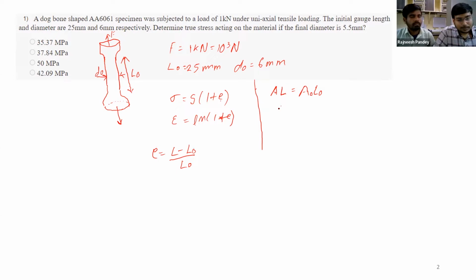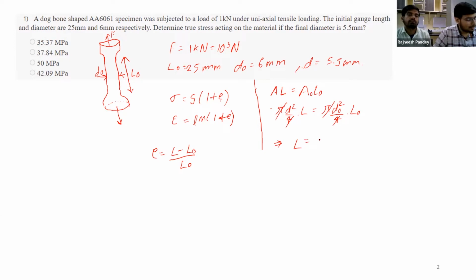Here the final diameter D is also given, 5.5 mm. So let us substitute the values. For a cylinder, the cross section would be circular, so area will be pi D square over 4. This multiplied by L will be pi D0 square by 4 multiplied by L0. If we substitute the values, the pi and 4 will cancel out from both sides.